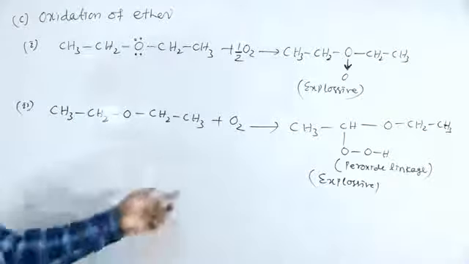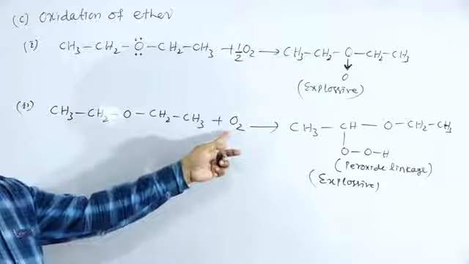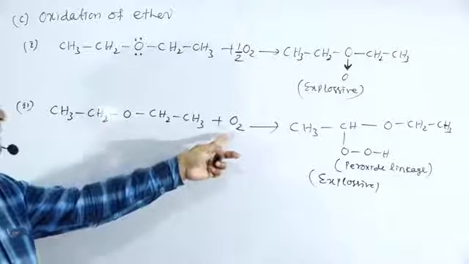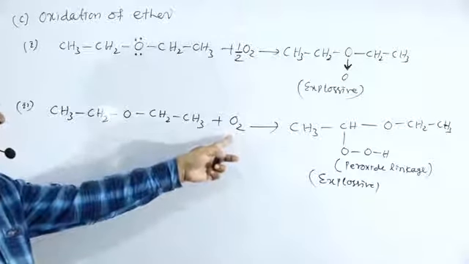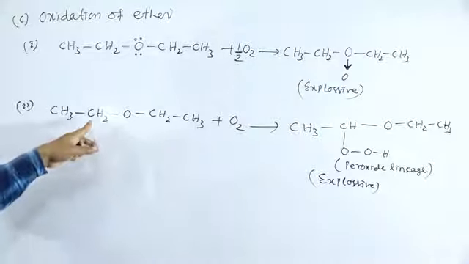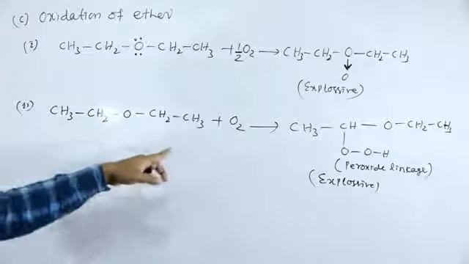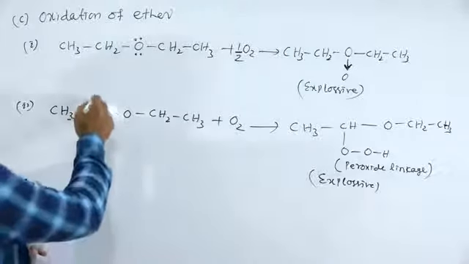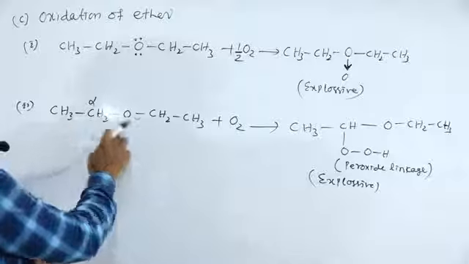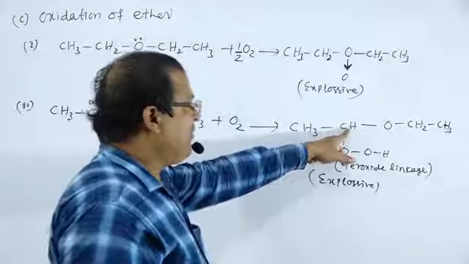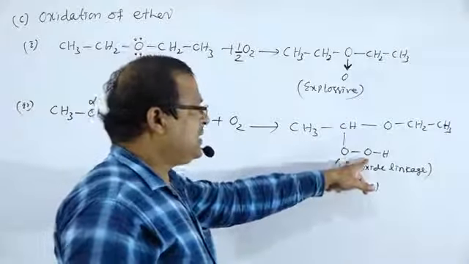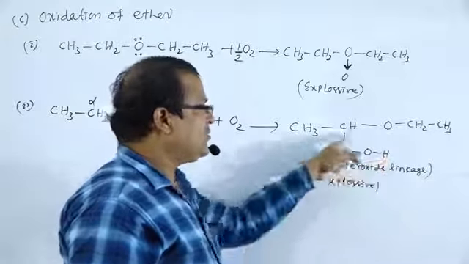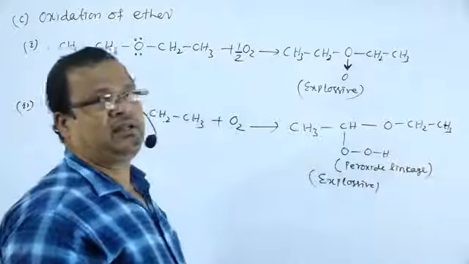But whenever it is treated with excess air, there is the formation of a carbon to oxygen hydrogen bond at the alpha carbon atom, with a peroxide linkage and hydrogen. So this is also an explosive material having a peroxide linkage.